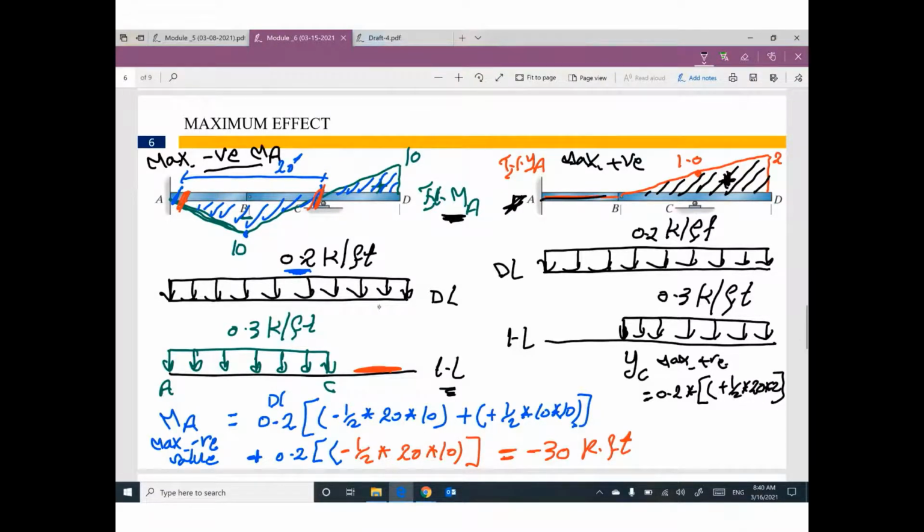No. Plus the value of live load 0.3 times this area also, 1/2 times 20 times 2. Then I can get the value of maximum positive, the worst case for reaction YC. So 0.5 times 20 times 2 times this, which will be 10 kip.